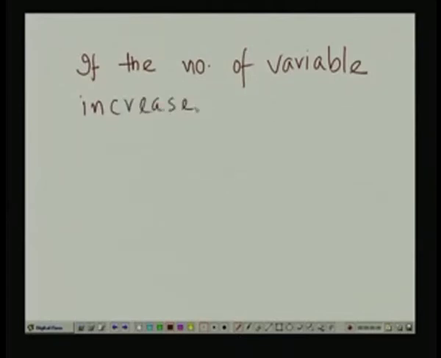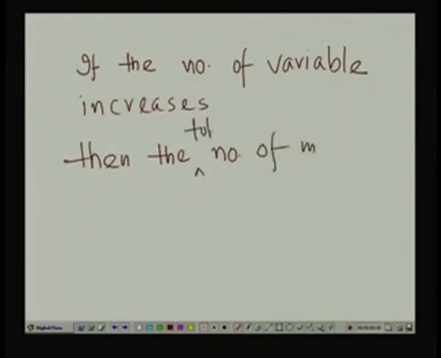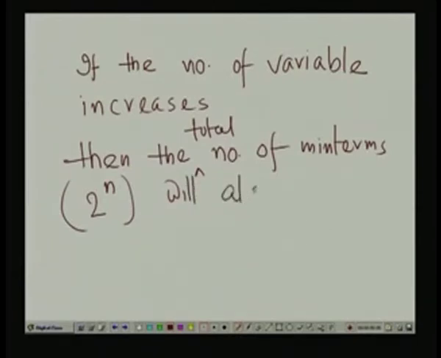So, just what we are telling, if the number of variables increases, then the total number of minterms, that is 2 to the power n, will also increase.